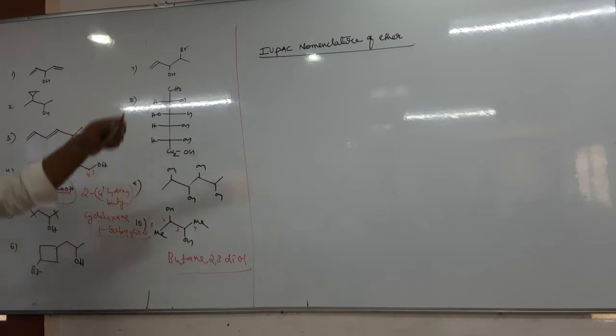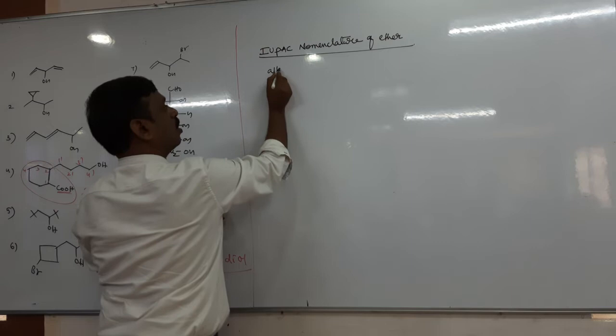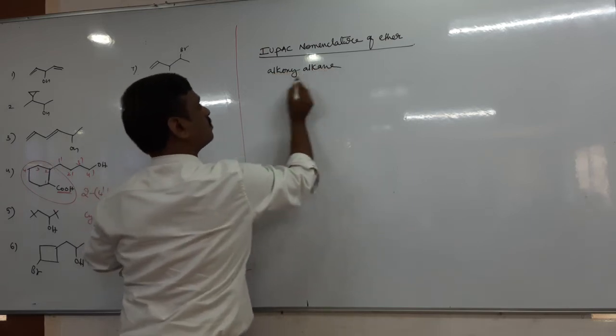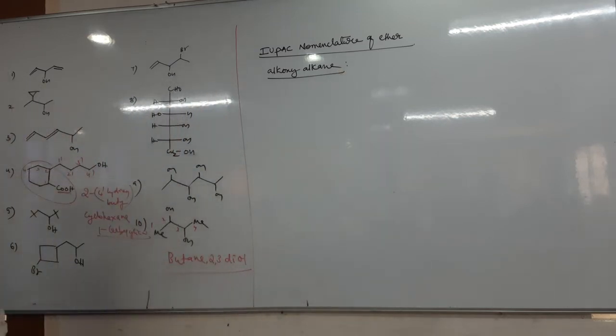Right. So what is the IUPAC name of ether? Alkoxy alkane, right? It is alkoxy alkane.